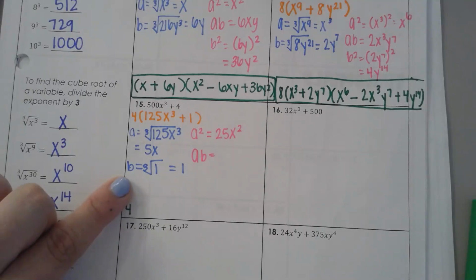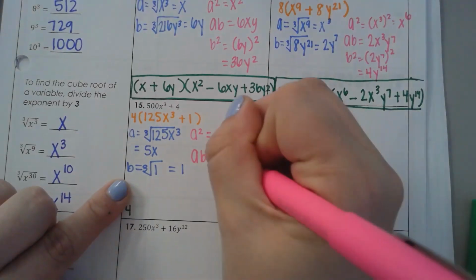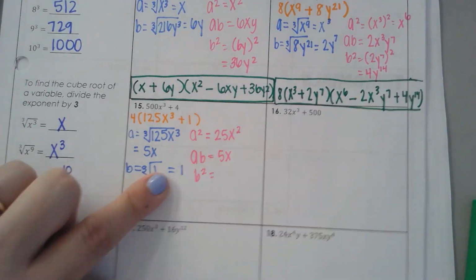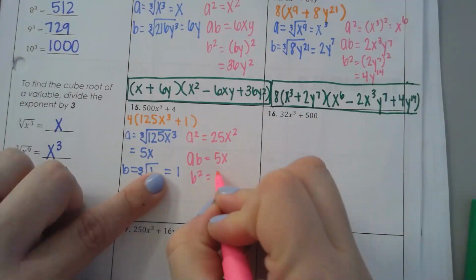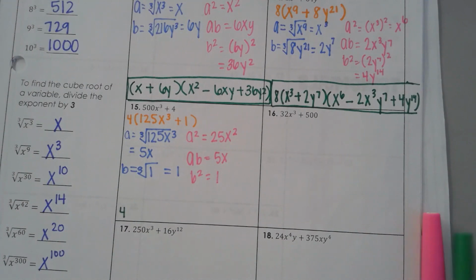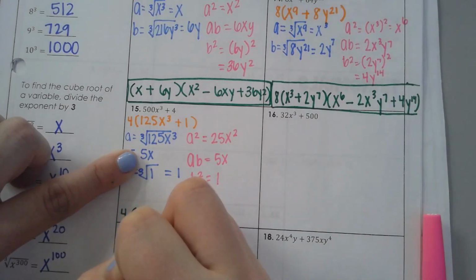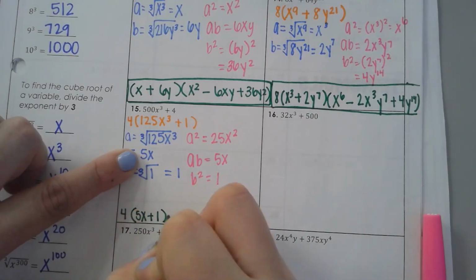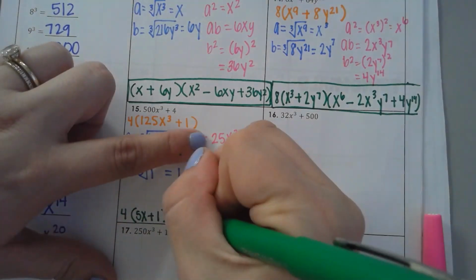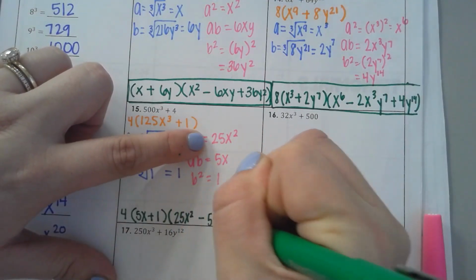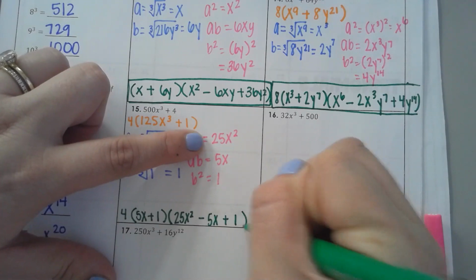What do you get? 5x. And b squared, what's 1 times 1? 1. So then you put it all together in your formula. 5x plus 1, 25x squared minus 5x plus 1.